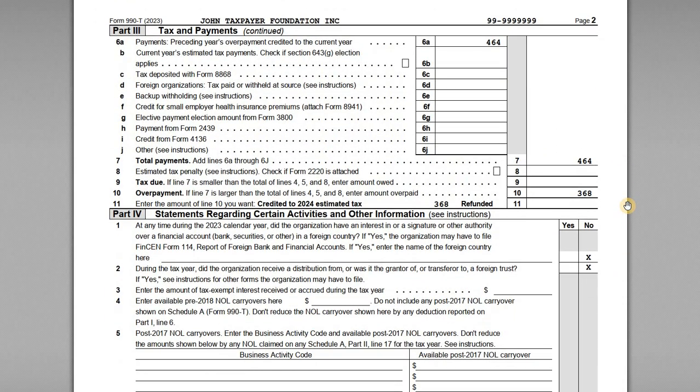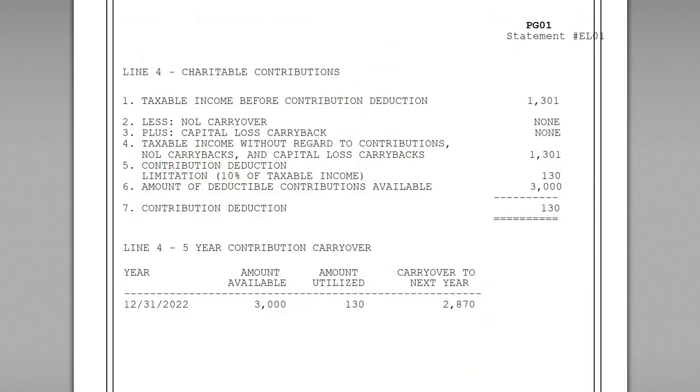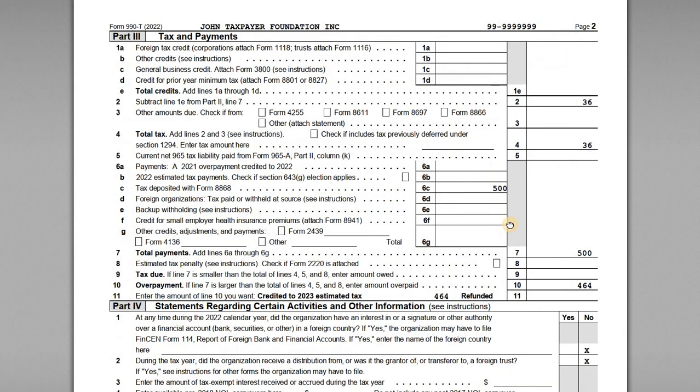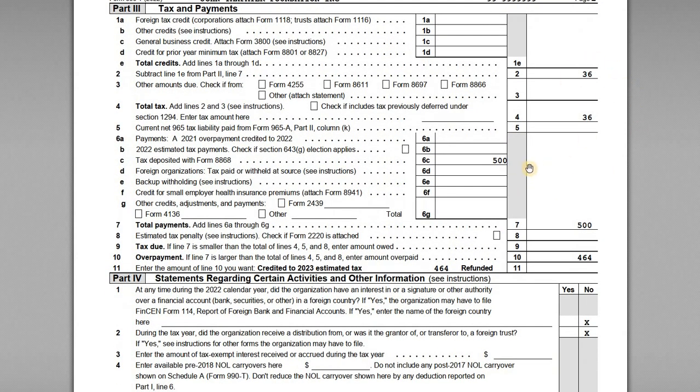Now, as far as the tax and payments reconciliation, remember, we didn't make any estimated payments. We didn't make any payments with an extension. We just rolled forward the overpayment from the prior year. If we look at the prior year, our taxes were $36.